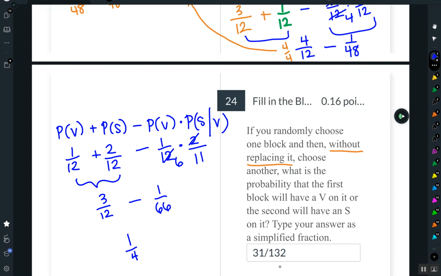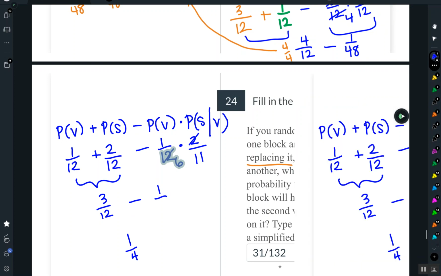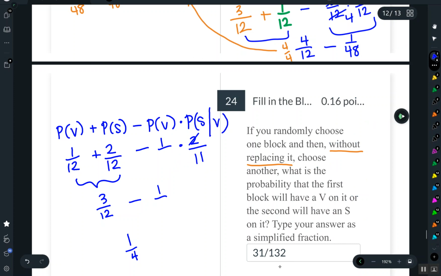You know what? I'm going to back up a bit and not do that cross canceling so that it'll make my common denominator a lot easier. So I'm going to keep it 1 out of 12 times 2 out of 11, so the denominator is 12 times 11, which is 132.